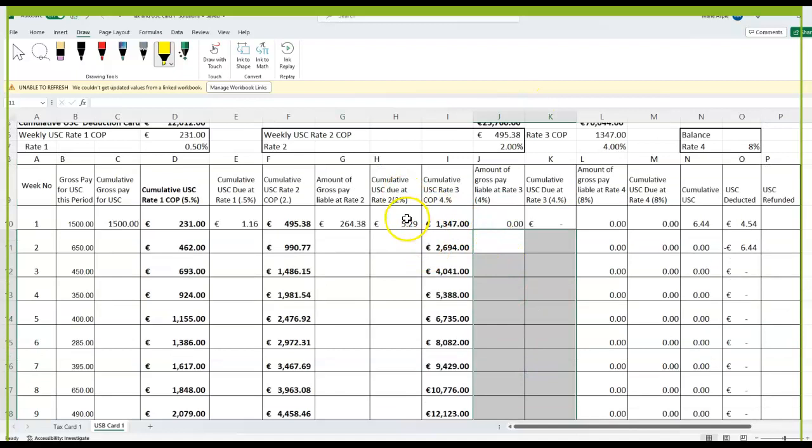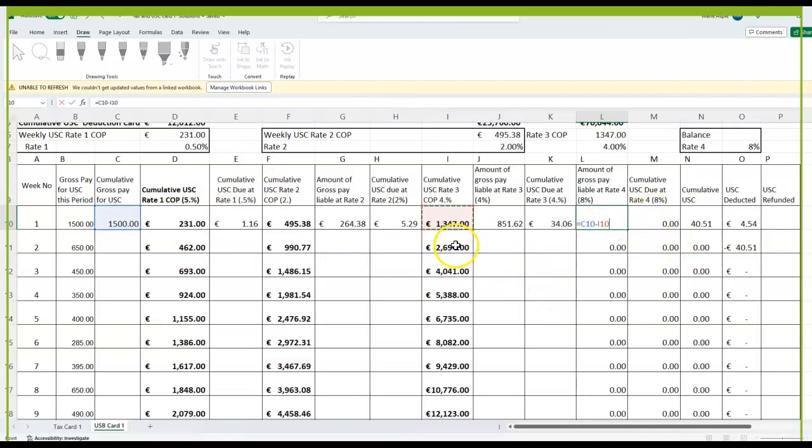Okay, so the next portion then is we want to take the income between 495.38 cutoff point 2 up to cutoff point 3. So we're going to take that figure, which will give 851.62. That is going to be multiplied by 4%, and then the balance figures is at the high rate. So we're going to take 15 minus 1347, because we've applied up to rate 1, up to rate 2, and to rate 3.